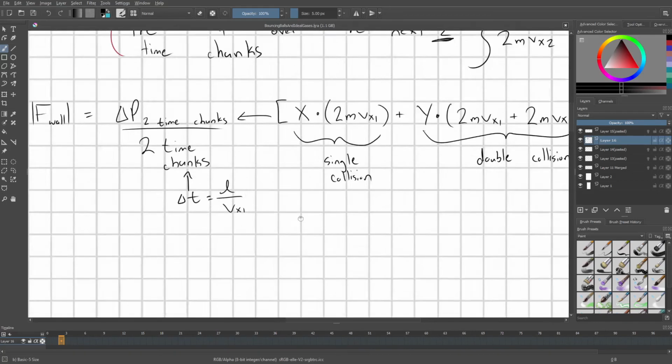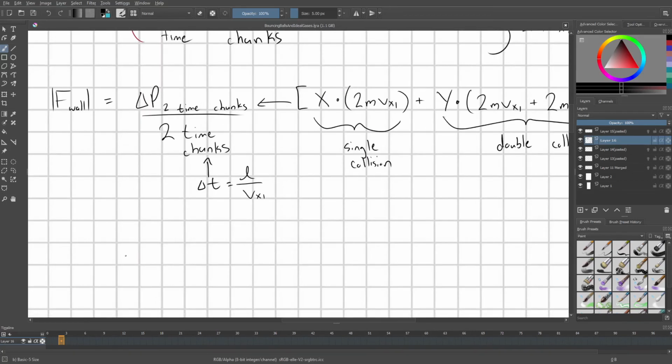All right, let's write this out in one line. So if we plug this in, this would be Vx1 over 2L times x times 2m Vx1 plus y times 2mvx1 plus 2mvx2.